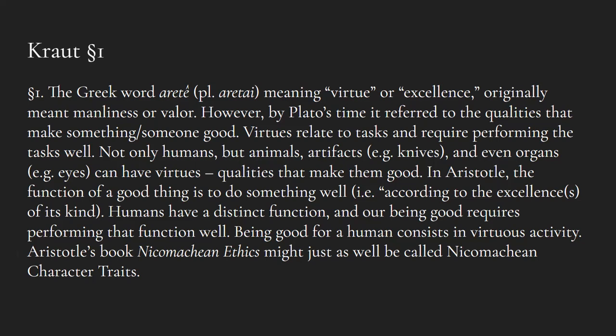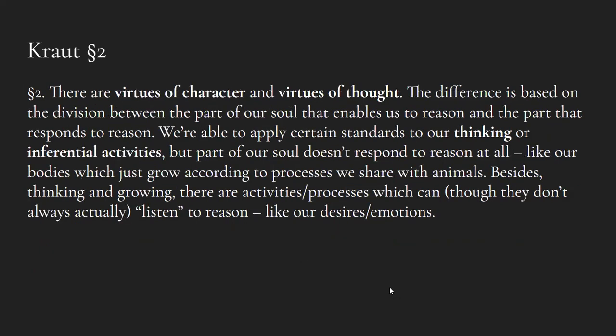Humans have a distinct function for Aristotle, and our being good requires performing that function well as well. So being good for a human consists in virtuous activity, and Aristotle's book, the Nicomachean Ethics, which is where we get a lot of his virtue ethics theory from, might just as well be called Nicomachean character traits, since these qualities we're talking about, virtues, are also well described as character traits.